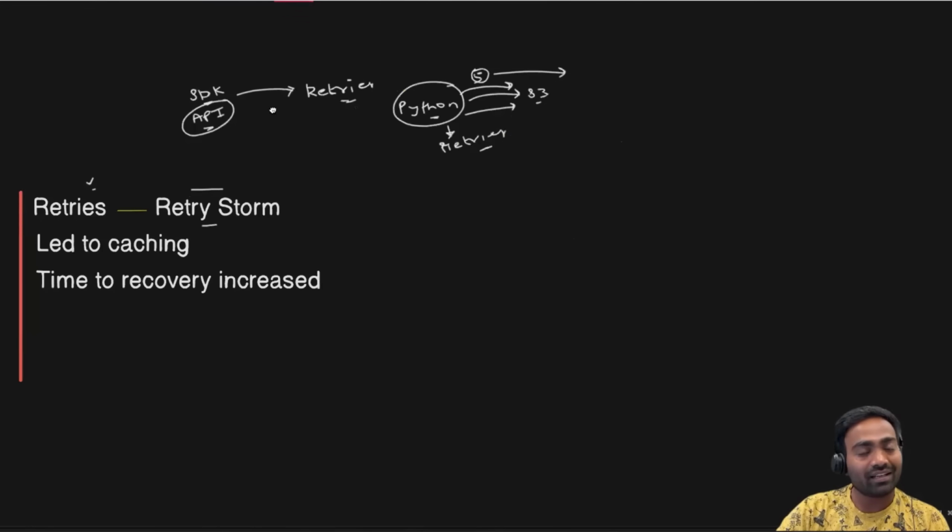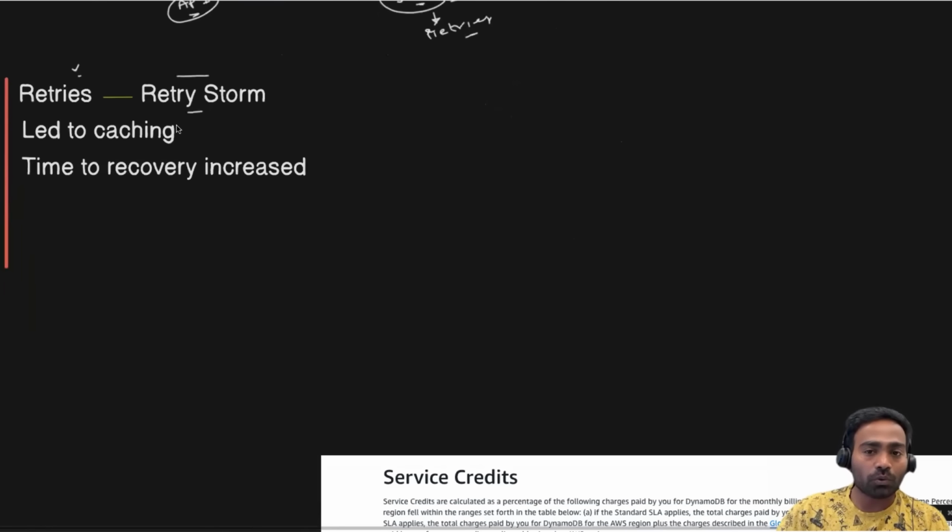So this retry storm led to caching related issues, and also led to an increase in time to recovery. You might have noticed AWS says the outage was fixed in 2 hours or maybe 2 to 3 hours, but for people it took almost 24 hours. There were people reporting on Reddit, people reporting on LinkedIn that their AWS services were still not up. This is because of the retry storm.